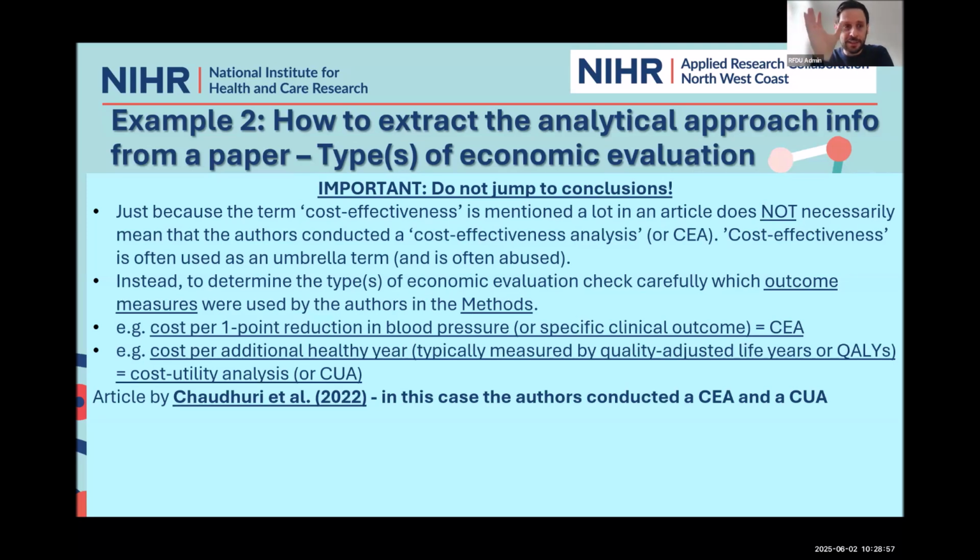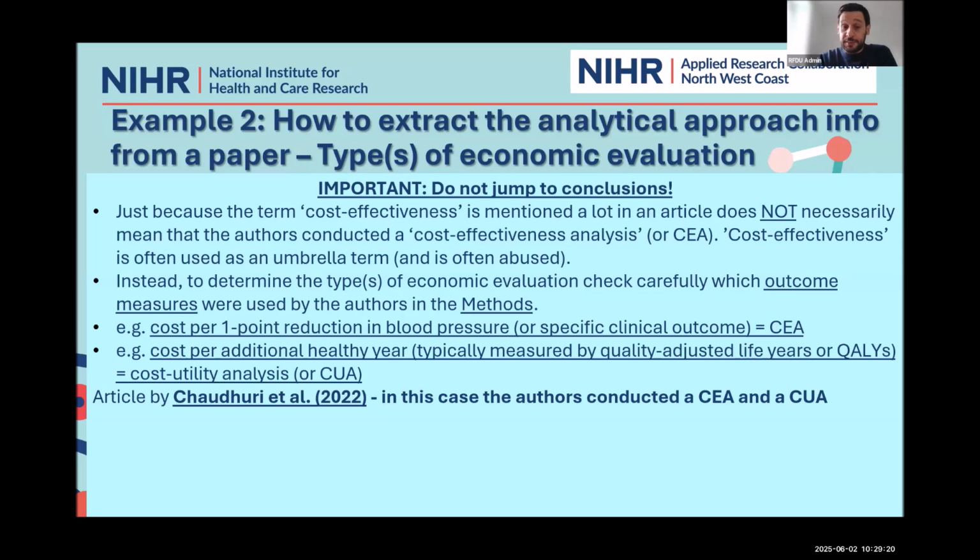So they were very clear, even in the title, that those were the types of economic evaluations they were going to run and present as part of the paper. So hopefully you will have that information very clearly outlined in the paper. But if you struggle, we are here. So the team leads are here. We can help you with things, okay?